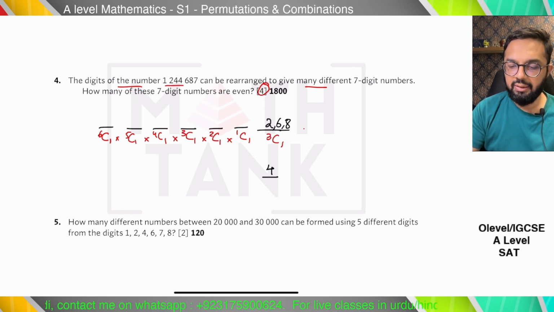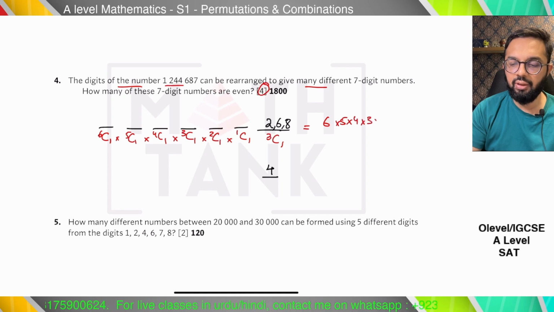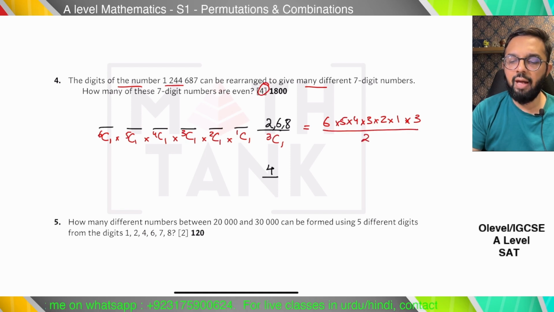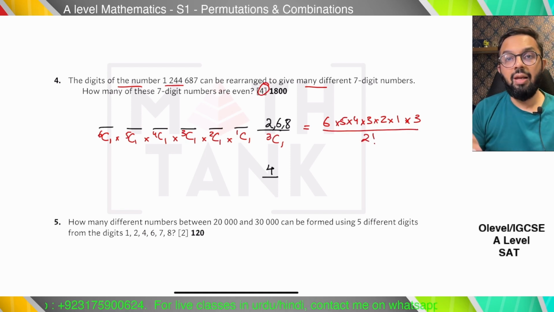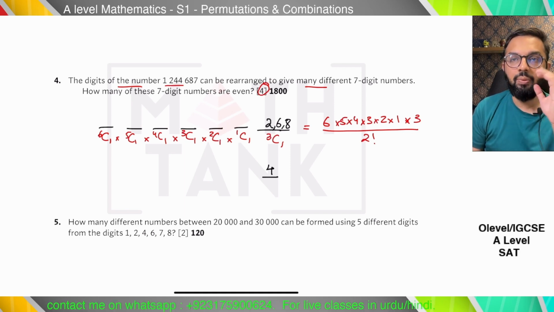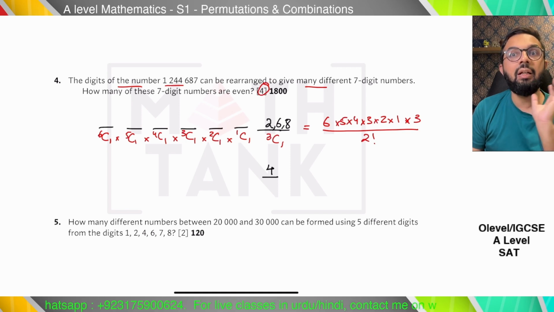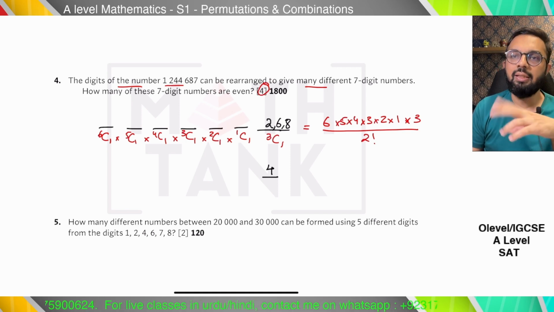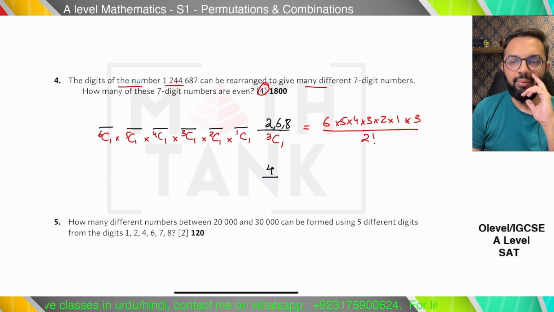Okay, but what I'm going to say is that this becomes 6 into 5 into 4 into 3 into 2 into 1 into 3C1, which is 3, divided by 2 factorial. Remember that whenever you had identical things, you would divide. So that's what I'm doing here as well, because those two 4s were getting arranged in the middle. I will say that this is what's happening.